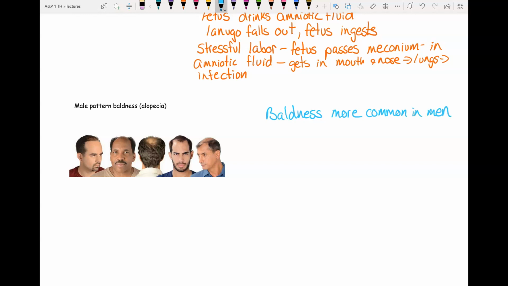I'm just going to cover one of those several factors. One of the many factors is hormones and how hormones interact with genetics.